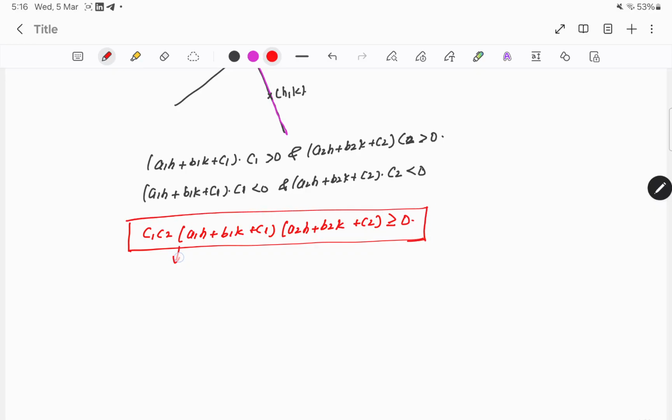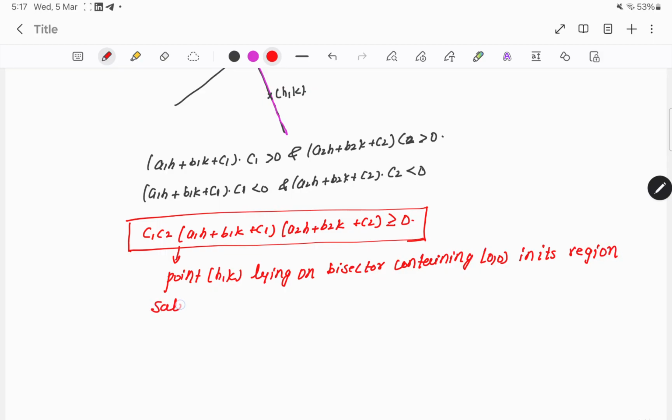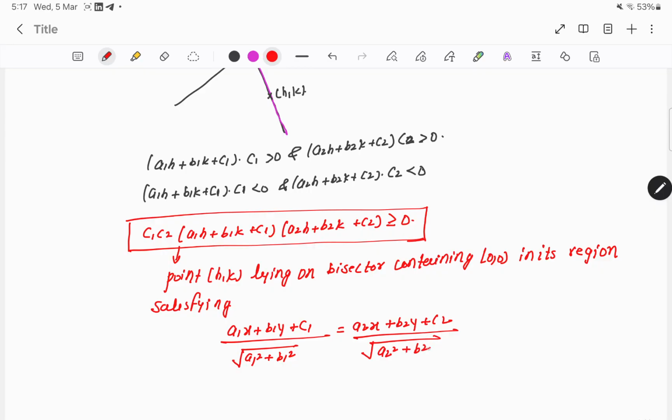So now we can conclude that point (h, k) lying on the bisector containing (0, 0) in its region satisfies: (a1x plus b1y plus c1) by the square root of a1 square plus b1 square equal to (a2x plus b2y plus c2) by the square root of a2 square plus b2 square.